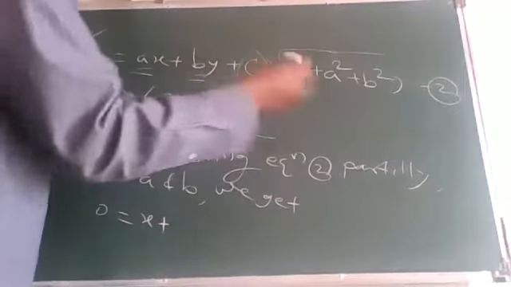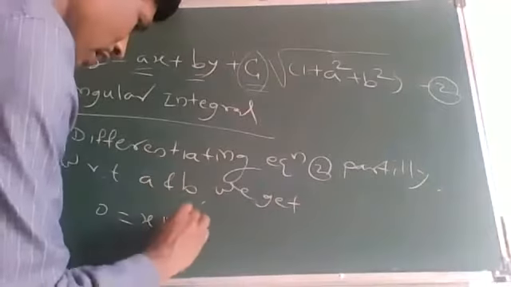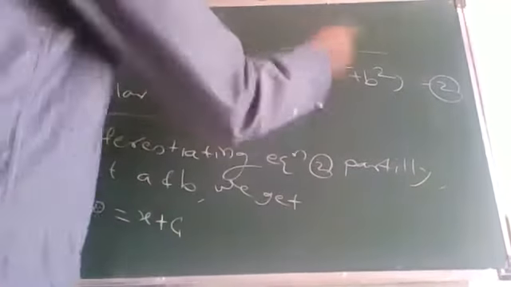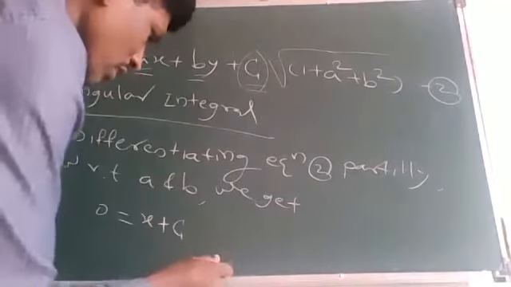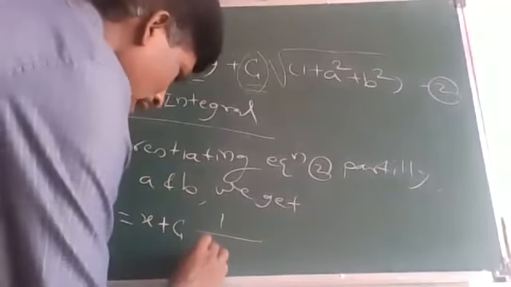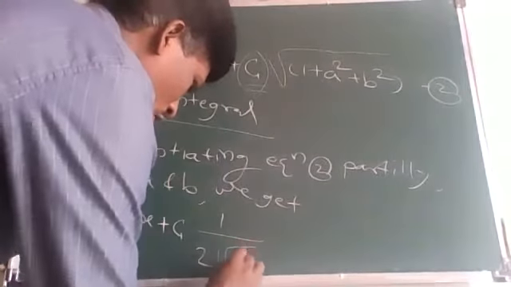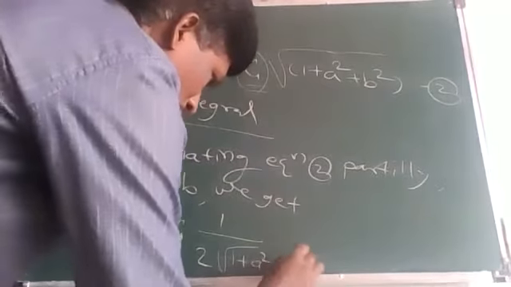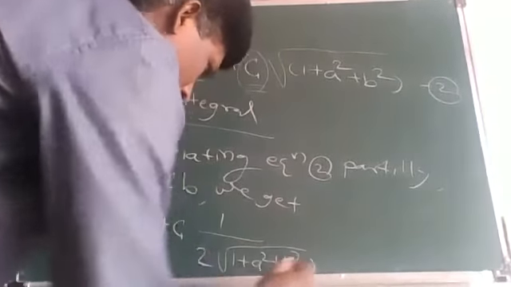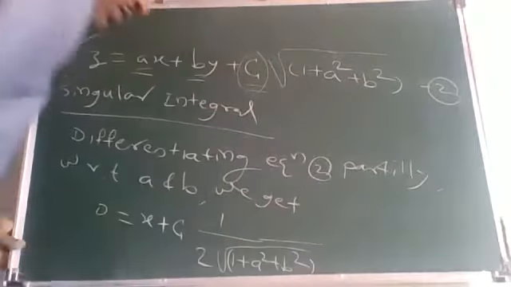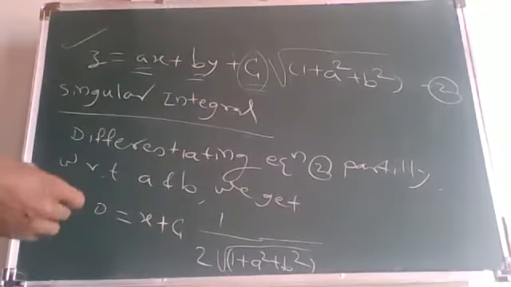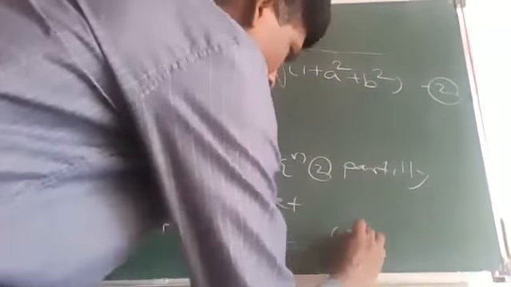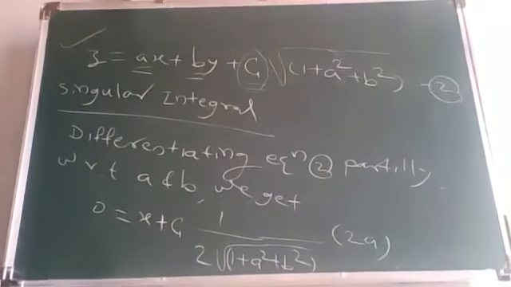Capital C is a constant, so keep it as it is, and the derivative of the square root of 1 plus A square plus B square is 1 divided by 2 times the square root of 1 plus A square plus B square, then the derivative of 1 plus A square plus B square with respect to A is 2A.